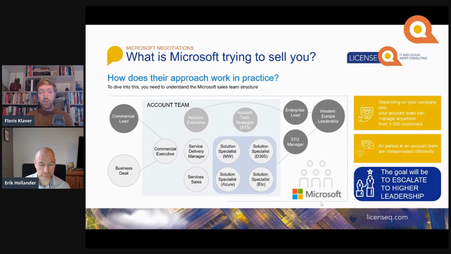And the account technology strategist is only compensated on you adopting the technology. So you can see that this can lead to quite some issues in your negotiation with all these different people wanting different things, and they will block your negotiation.